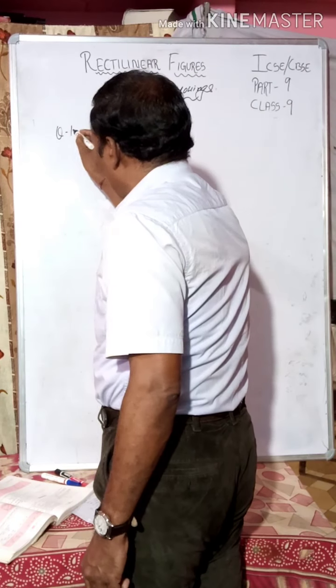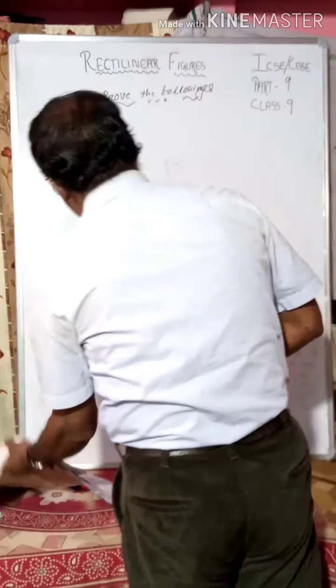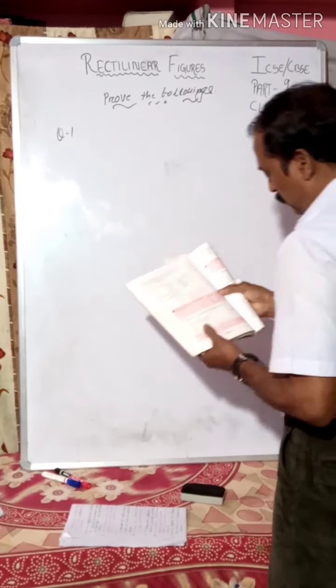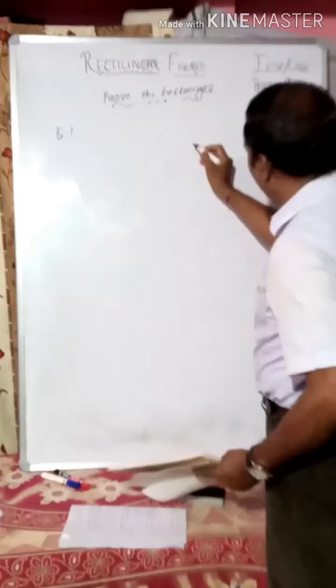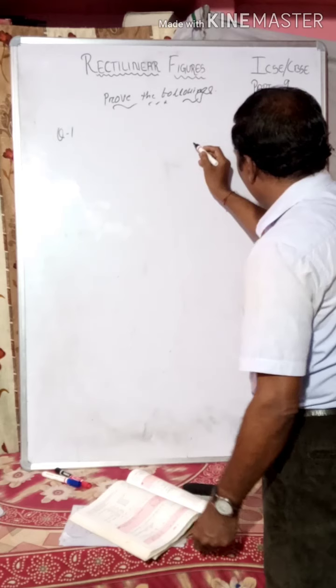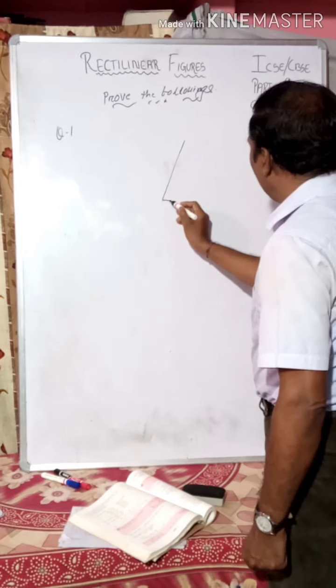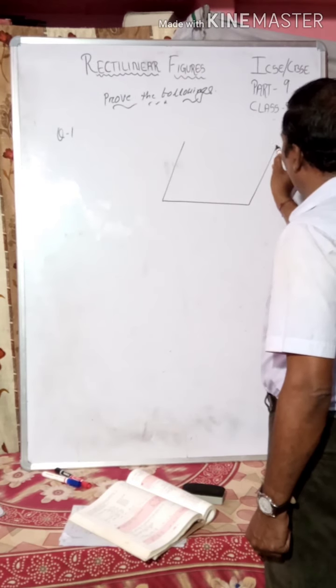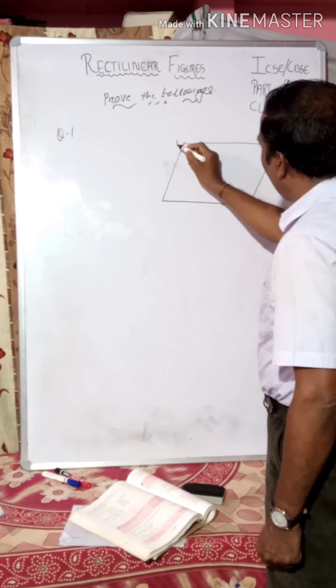Now example 1, question number 1. Here is a diagram. ABCD is a parallelogram.